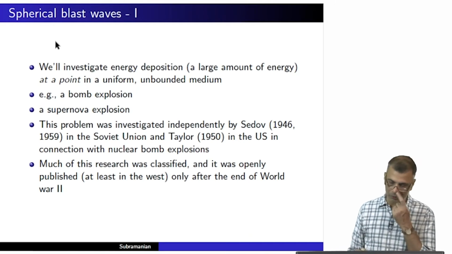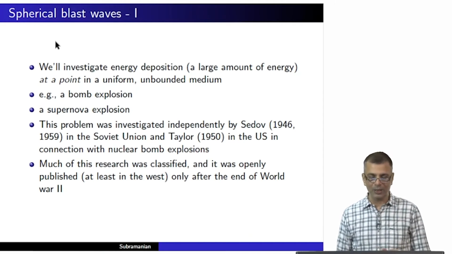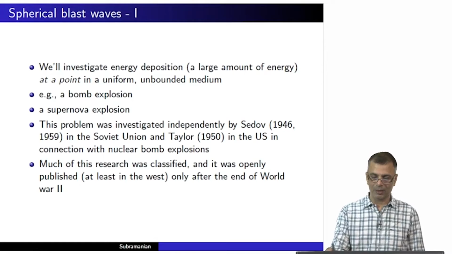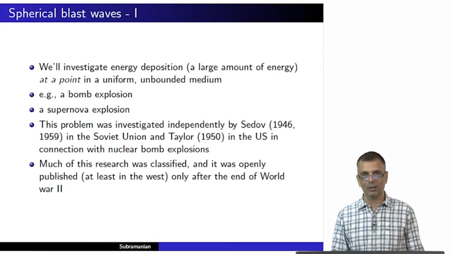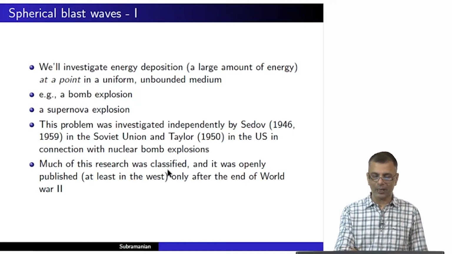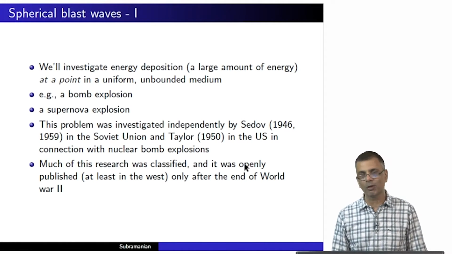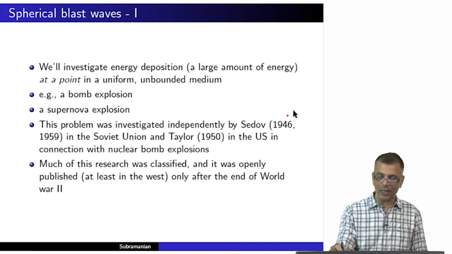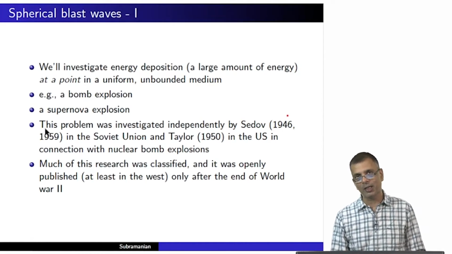And as you can also imagine, a little bit of history about this. Since research on nuclear weapons was a big deal during those days, much of this research was classified, and so it was not published in the open literature, which explains this large gap between 1946 and 1959.